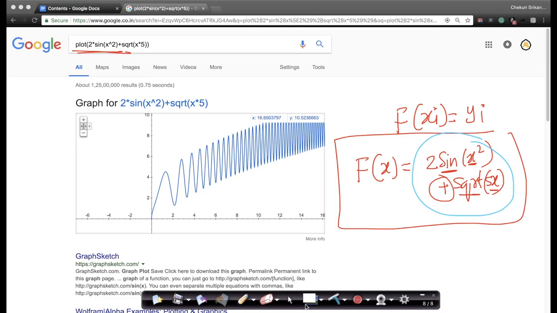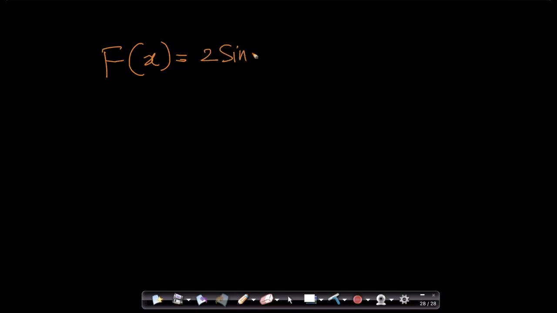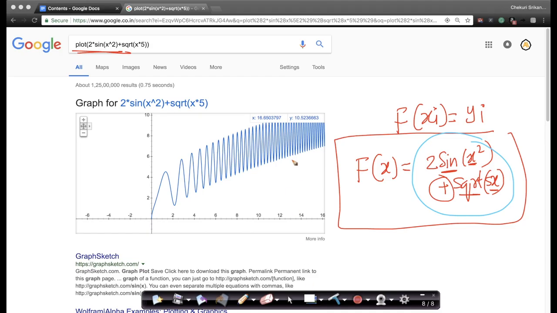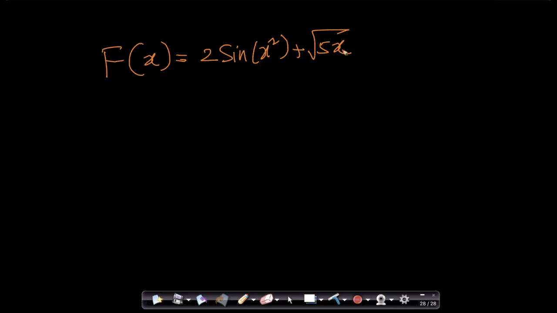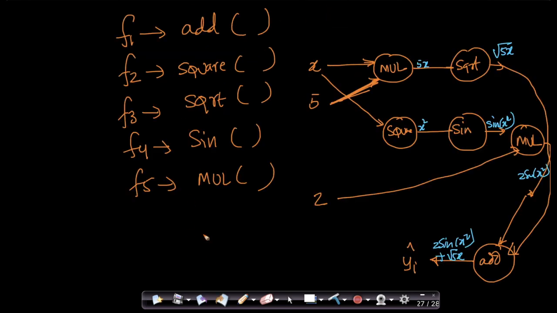My capital F(x) is 2 times sine x squared plus square root of 5x. This is my function, and I can represent it using a multi-layered perceptron-like structure. This is not exactly a multi-layered perceptron, but a multi-layered perceptron-like structure where you have multiple layers.